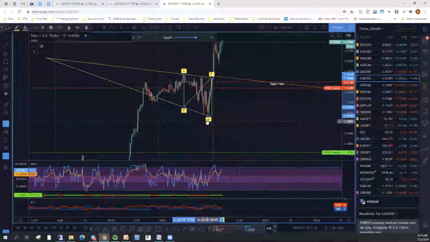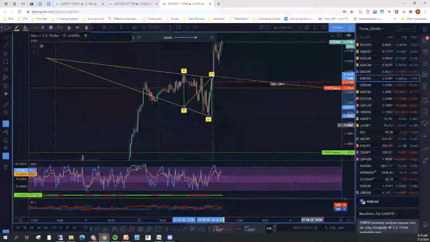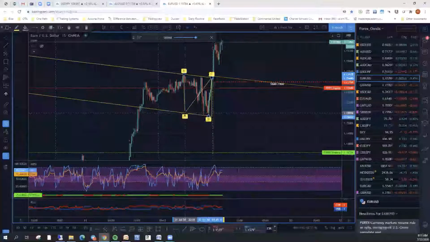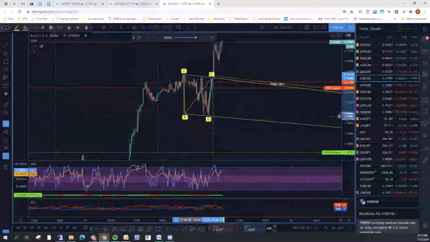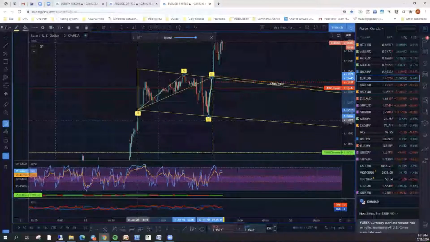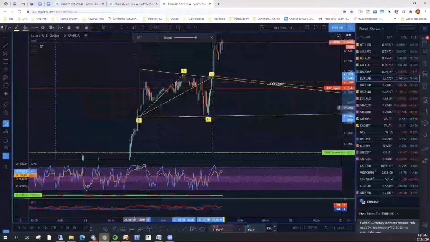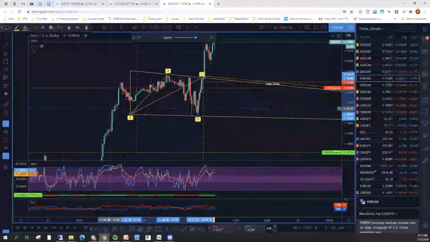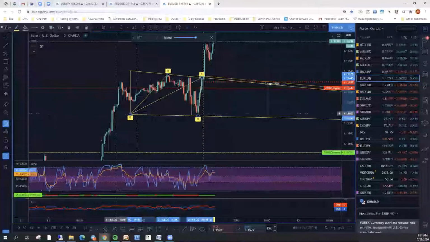But now I want to get the triangle to flip over to the other side, and you'll see that it's not going to flip until I get a little bit closer to where that D is. And so then I just brought it on over to where I found the last rally. You can see this is a little bit of a rally. It rallied, had a nice little single red candle, and then it took off again.